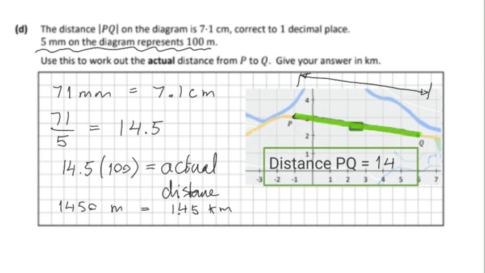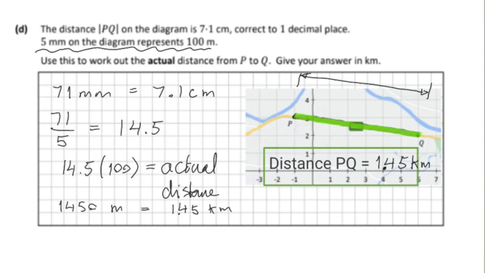We'll just do a quick recap because there was a lot of information there. First of all, you convert these centimeters to millimeters, as we have a 5 millimeters to 100 meter scale. Now we have a basis to calculate our actual value.